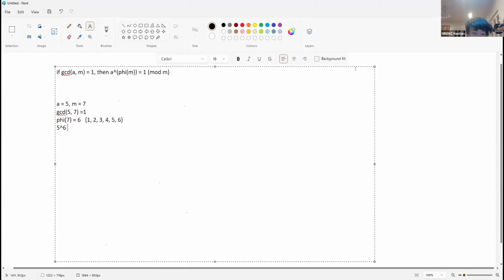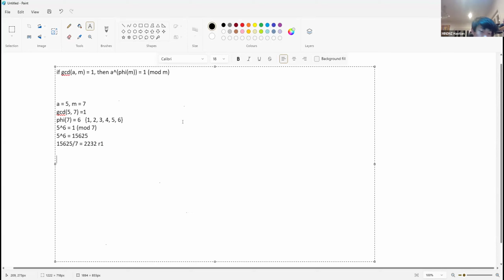So therefore 5 to the 6th is congruent to 1 mod 7, because that's A, phi of M, and M. And indeed, 5 to the 6th is equal to 15625, I think. Hopefully that's correct. And 15625 divided by 7 is equal to 2232, remainder 1. So we can check that it is 1.